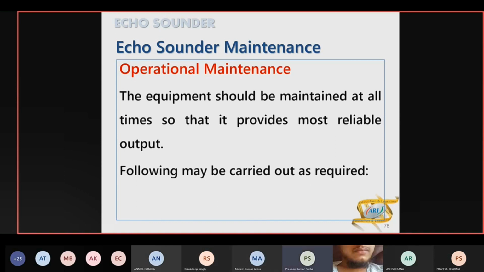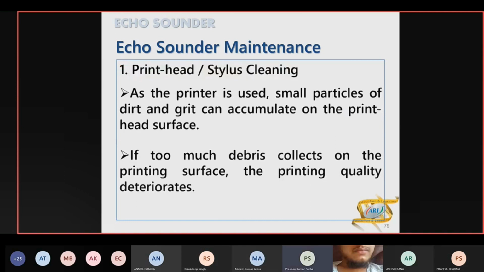As we have already understood how it works, from common sense, we can understand that few of the maintenance that has to be done in order to get the right recording. Number one, printhead or stylus cleaning.